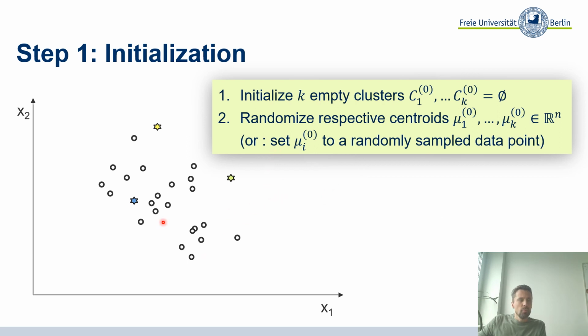So we could think of looking at the region that the data actually occupies, and then within this cube, let's say, we would randomly sample with a uniform prior 3 locations, or K locations. What we also could do is randomly pick 3 data points and take them as a starting point for our centroids mu i.